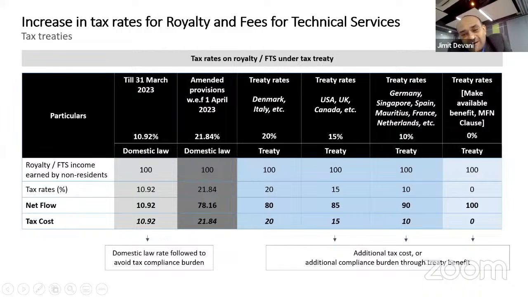Basically, say a foreign company is rendering service to an Indian company, and the Indian company is making payments to the foreign company for rendering of services. The question arises whether it is taxable in India. Under the domestic law, yes, it clearly qualifies as fees for technical services, and that is why it's taxable.